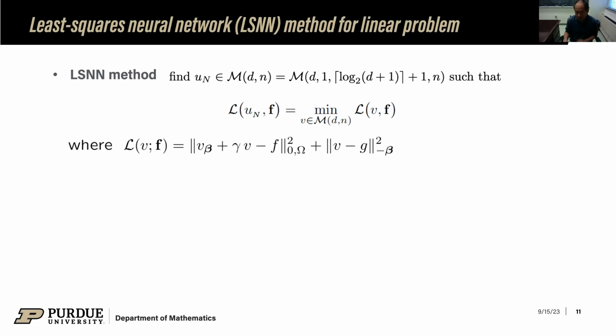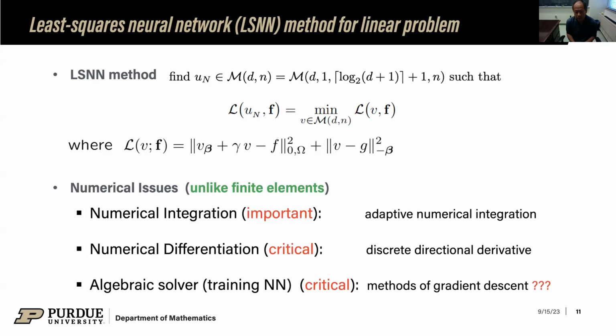Well, when you use a neural net, the numerical issue is very different from finite element, because finite element is based on a fixed mesh. A lot of things are known. For example, when you evaluate this least square functional, we have to do the integration.